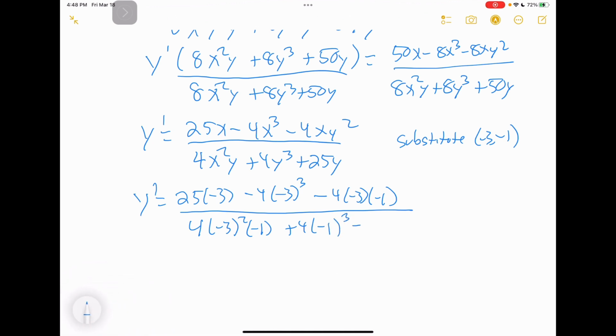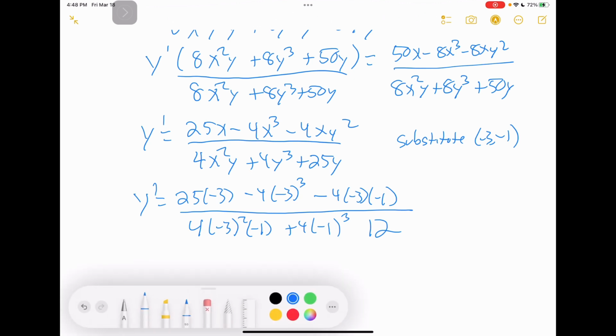Then minus 4 times -3 times -1, that makes it a plus 12. No, there's one extra negative there, I just see that. Okay, so it's minus 12.